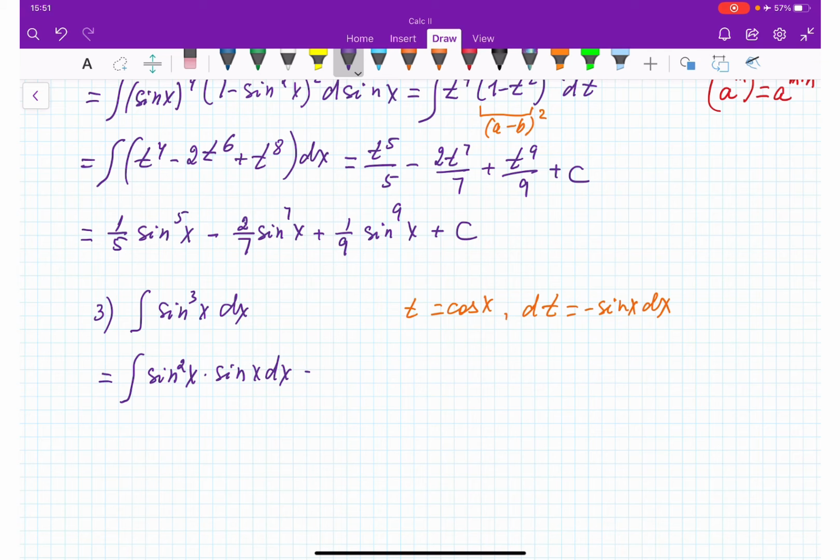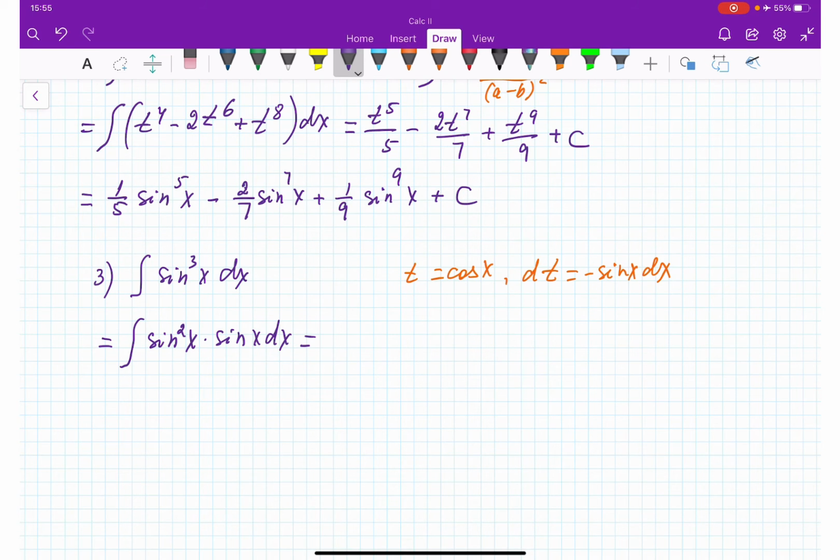And dx. This is equal integral sin square x is equal 1 minus cosine square x times sin x and dx.